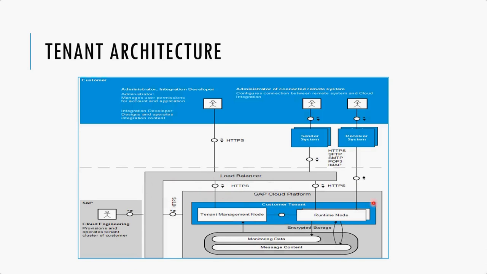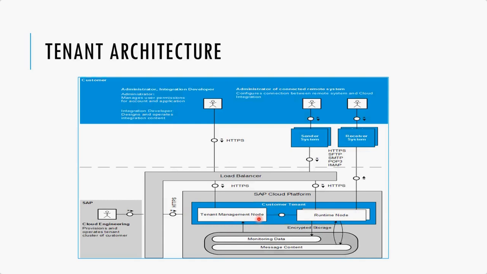Okay. And we have two types of node in a tenant. One is the tenant management node and the other one is the runtime node. We can have multiple runtime nodes and a single tenant management node.